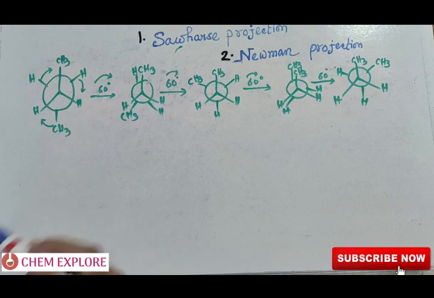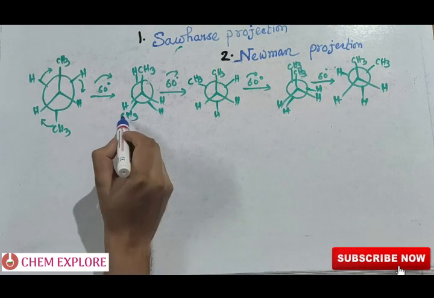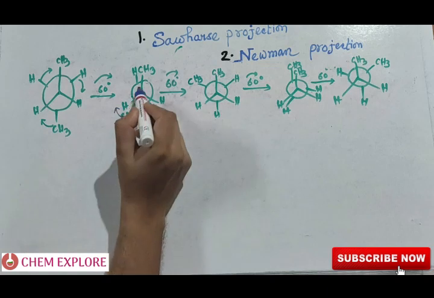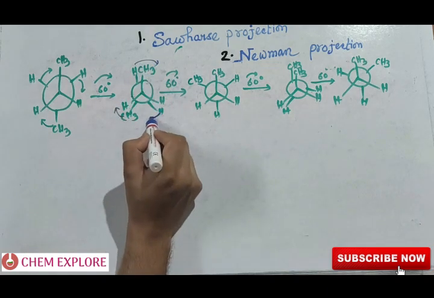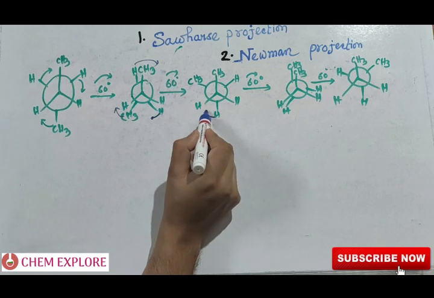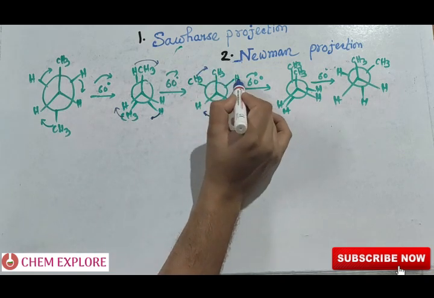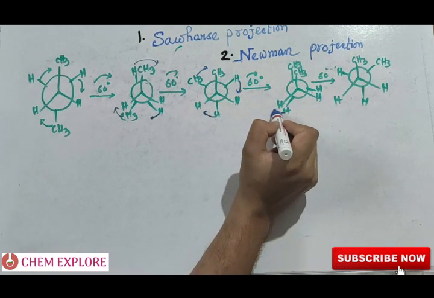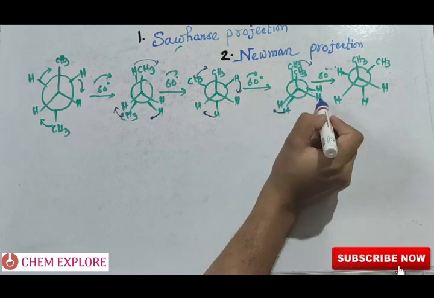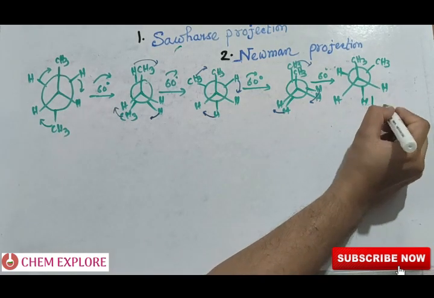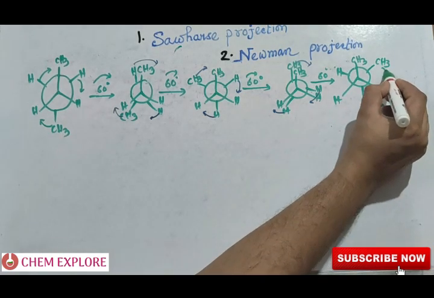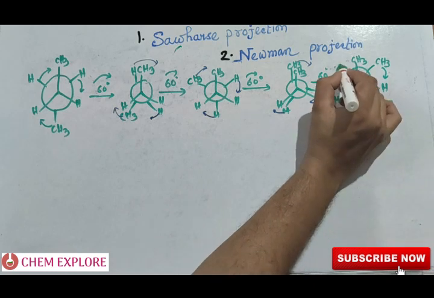So when I started rotating this molecule for each 60 degrees, this methyl will go there, this backside hydrogen will go there, and this hydrogen will go there. Again, if you rotate 60 degrees, this will go there, this will go there, this will go there. Similarly for this and the back side. If you rotate again 60 degrees, what will you get? This will come here, this will come here, and this will go there, right?